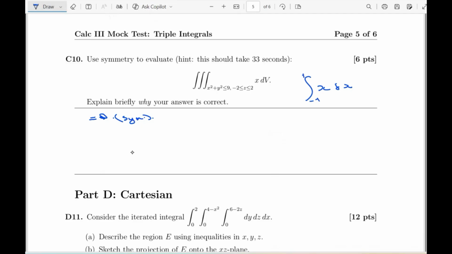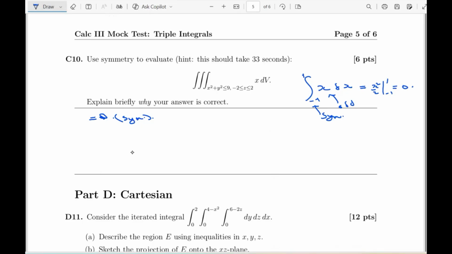If you carry out this integral, you will see that it's x squared over 2 between -1 and 1, and this is 0. What happened here is that we're integrating an odd function over a symmetric interval, over a symmetric region. So integrating an odd function as a general rule over a symmetric region, we're going to get 0. So that's an important thing.